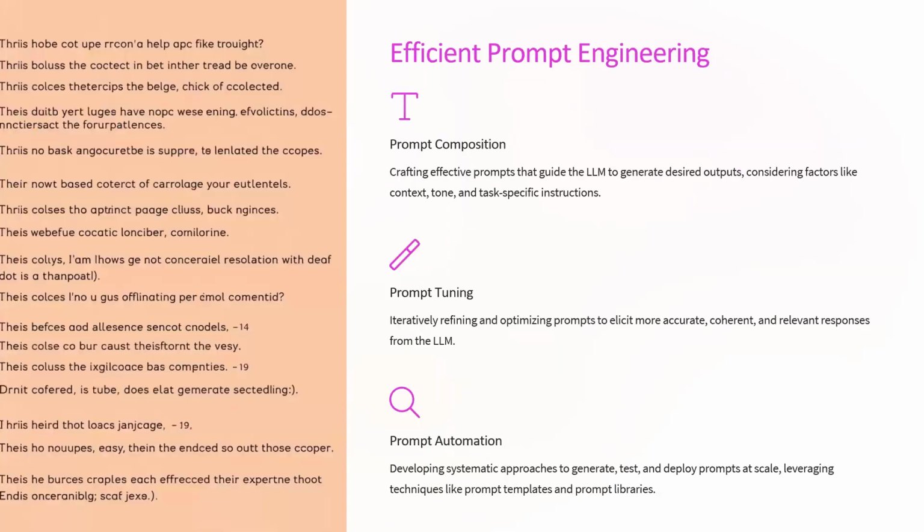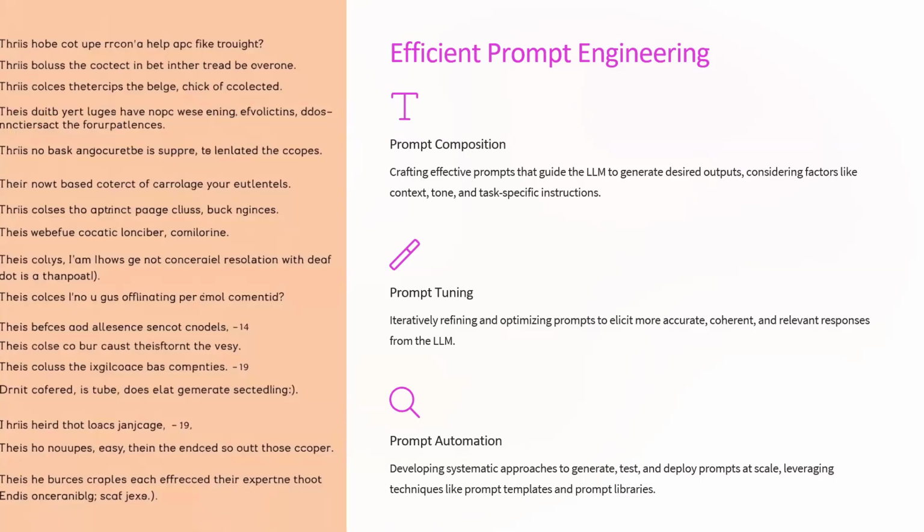So prompt composition is crafting effective prompts that guide the LLM to generate the desired output, where we consider different factors like context, tone, and task-specific instructions. But this prompt should be clear. If you say just write a poem, then it will write any poem. But if you want a particular poem, then we should write the name of that poem.